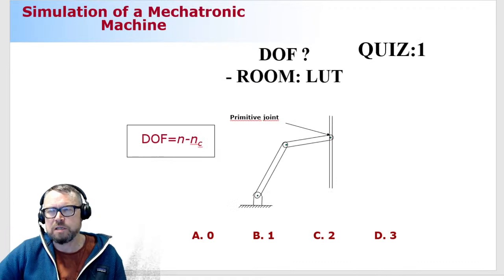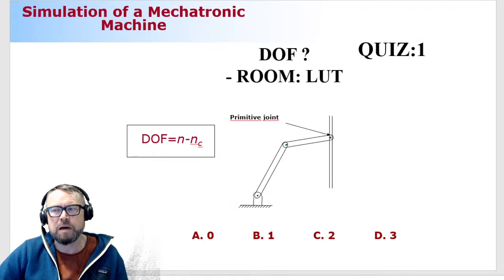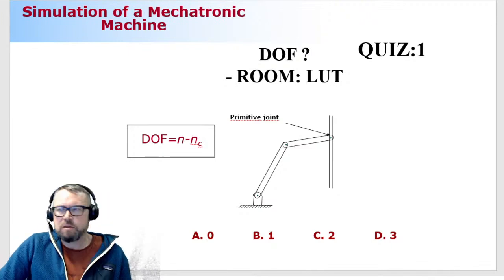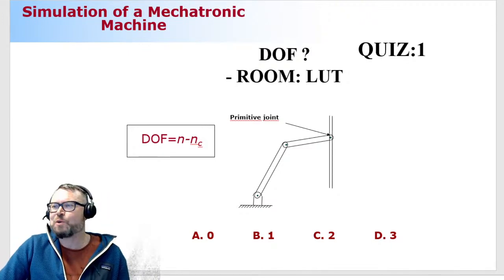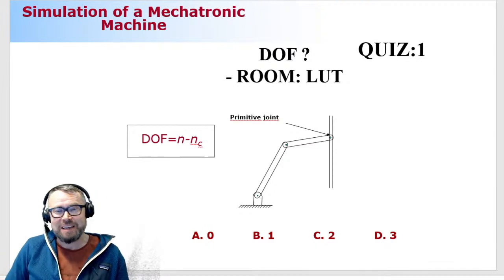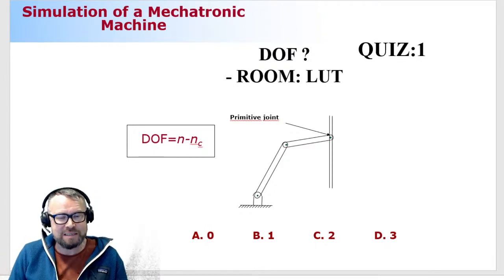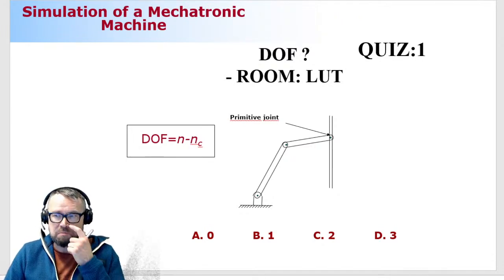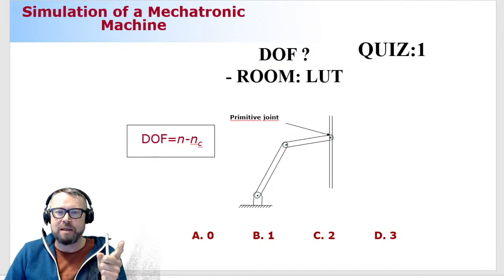First thing you need to do is identify how many moving bodies there are. Once you realize that there are 2 moving bodies, you need to do the math: how many generalized coordinates are needed for 2 moving bodies? Every body needs 3 generalized coordinates.